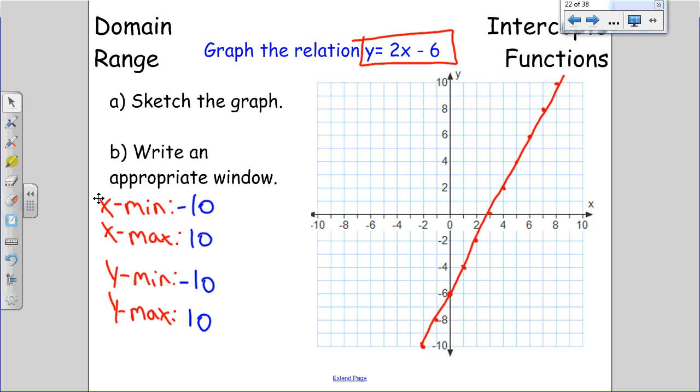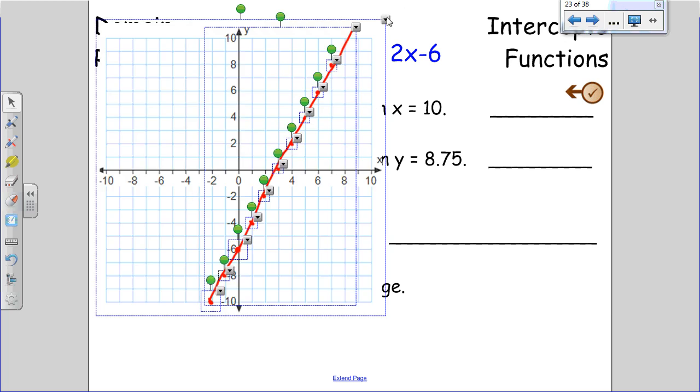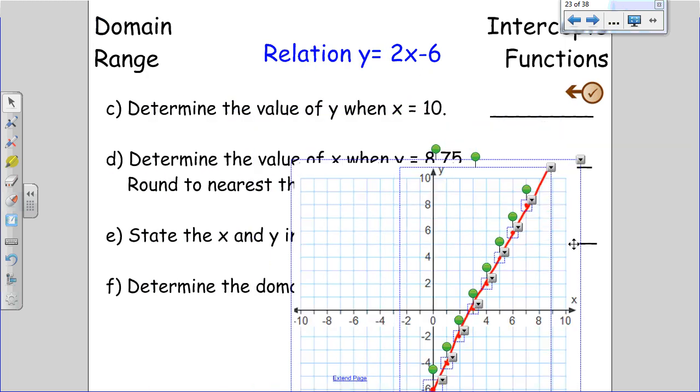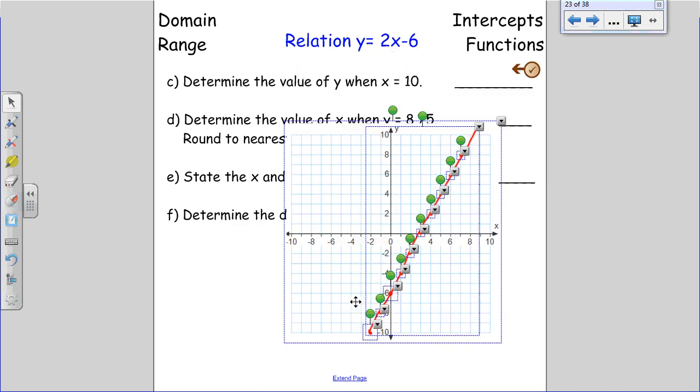On the next slide, we have a bunch of questions about this graph. All right.